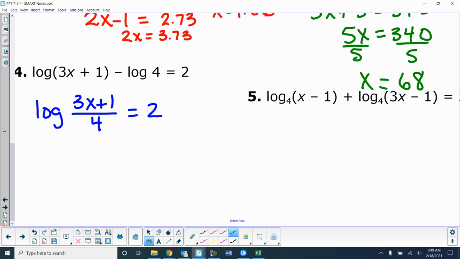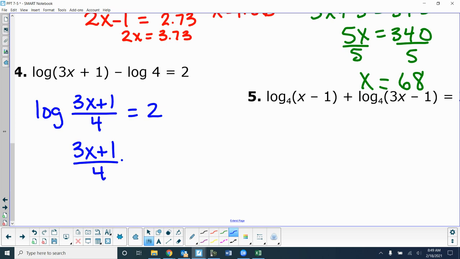Brandon, what's the base? Yeah, the base is 10. How is it 10, people? Because there's not one written. When it's not written, you're supposed to know it's 10. So what's my equation I can write? 10 squared, right?